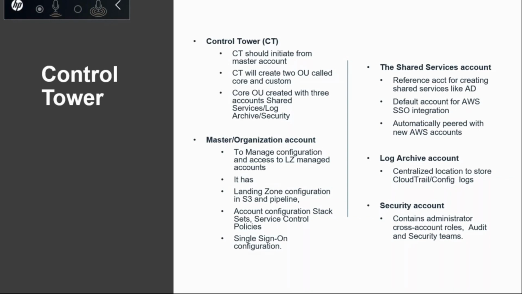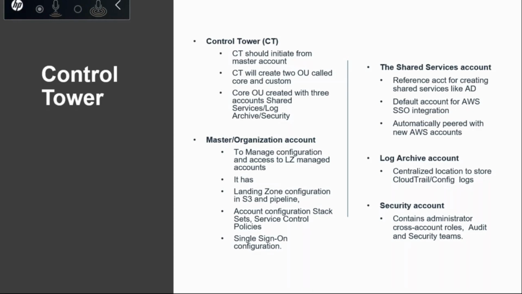When you set up Control Tower, by default it will create two OUs. In an organization, we call it an OU, organization unit. One is Core and another one is Custom. The Core OU contains the Control Tower accounts, because to manage the entire setup, Control Tower itself creates 3 accounts, which are listed under the Core OU.